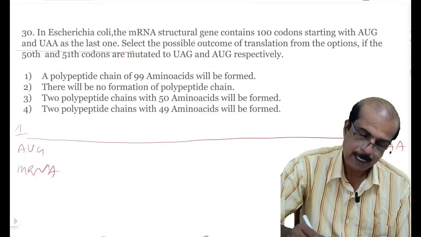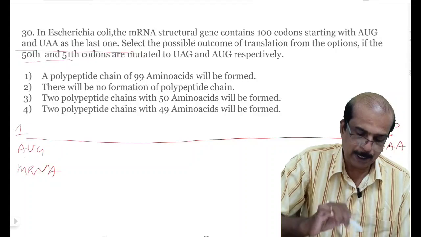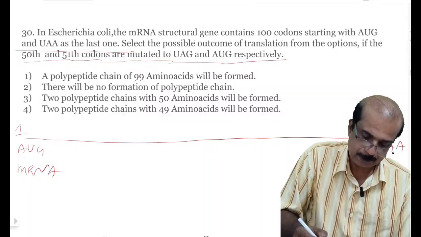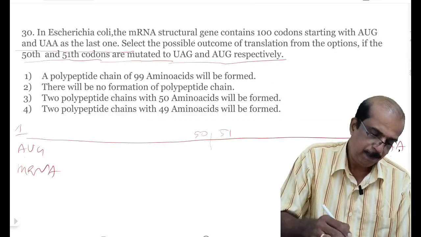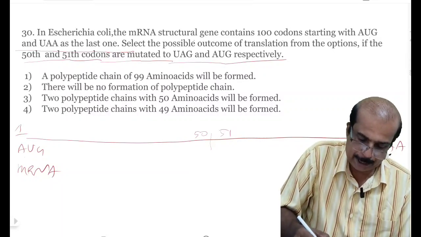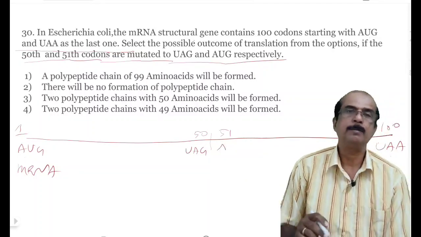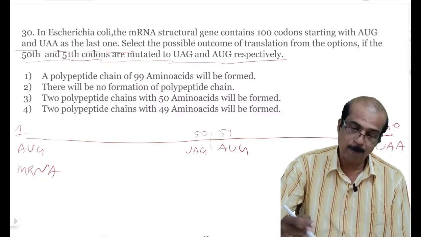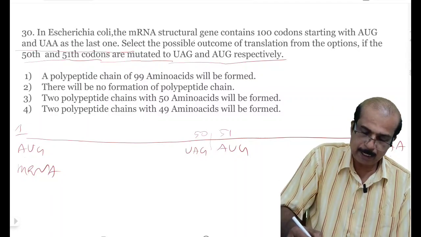Here, what happens if the 5th and 51st codons are mutated to UAG and AUG respectively? Select the possible outcome of the translation.